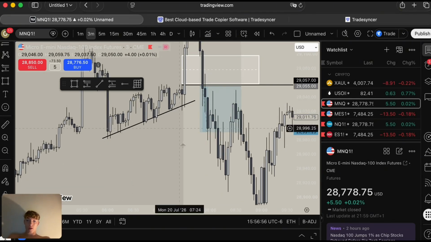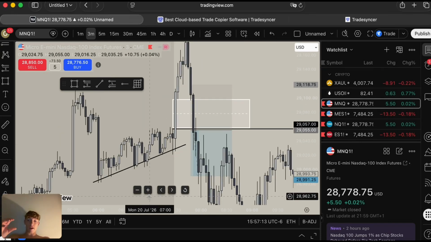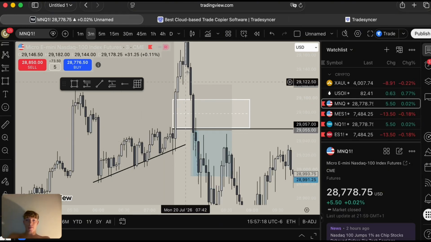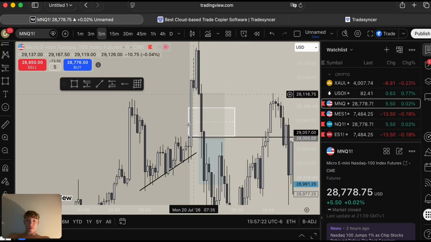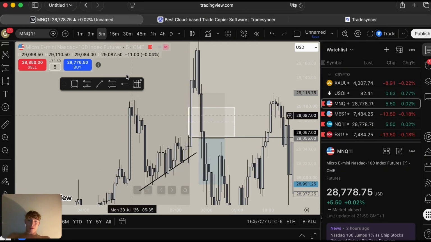Do your homework. What I want you to do is go into the chart, find a 4 hour, 1 hour fair value gap, get the daily bias right, whether it's going up or down, get a fair value gap, get an inverse fair value gap, and remember, it's the highest time frame inverse fair value gap in the leg. So this is the leg right here. There is a 5 minute down here, but we don't really use that.